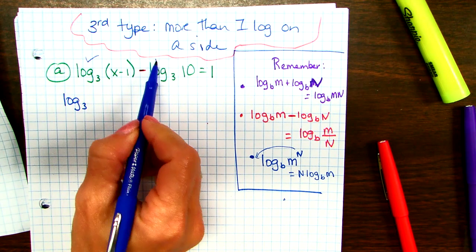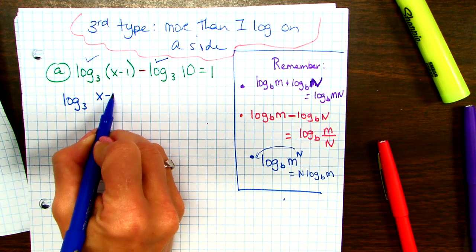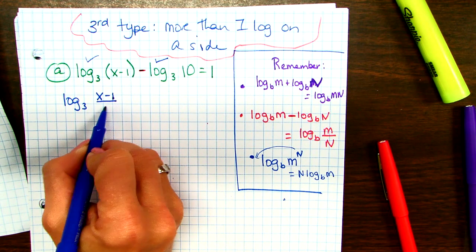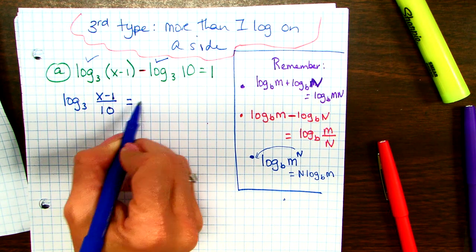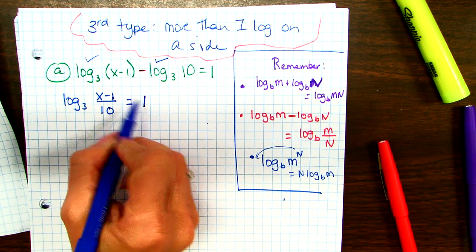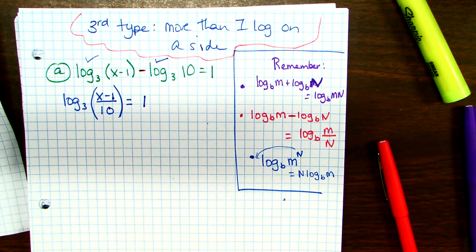See the log base 3 right there and there? And then we would have x minus 1 divided by 10 equals 1. So really, technically, I should put this in parentheses, plus it looks neater. So that's the first step when you see more than one log on one of the sides.